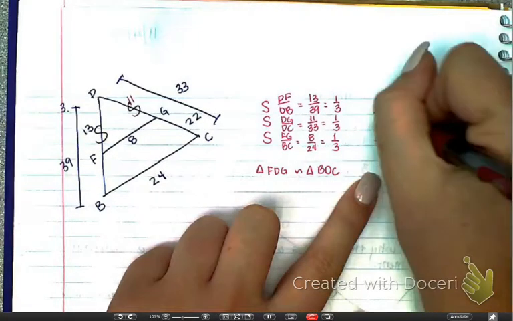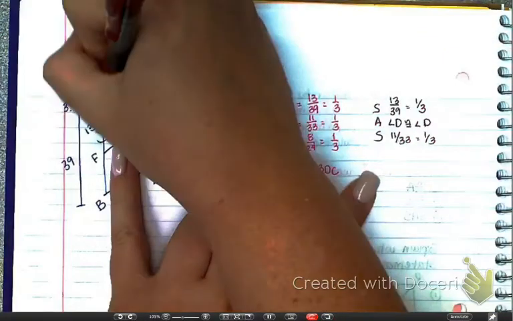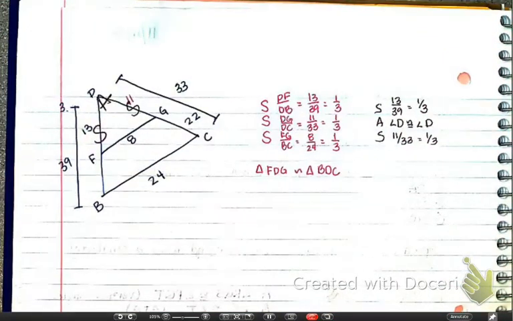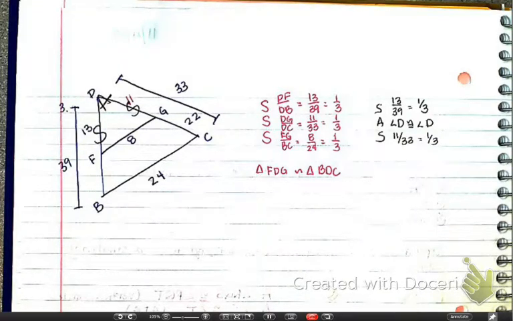Angle D is congruent to itself. Okay, so side, side, side, or side, angle, side would have worked for this problem. Are you okay with that? Yeah? Okay. Let's look at another one.